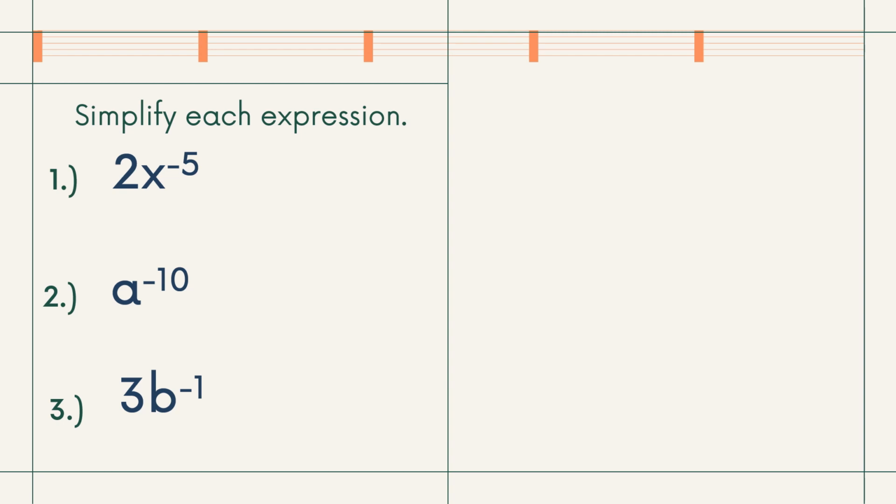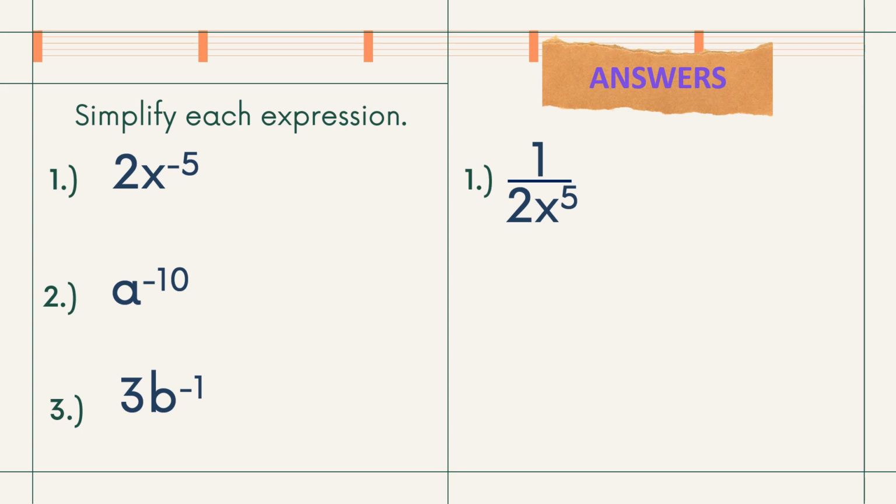Alright, the correct answer is equal to 1 over 2x to the 5th power. How about number 2? What is your answer? Very good. The answer is equal to 1 over a to the 10th power. How about number 3? Yes, you are right. The answer is equal to 1 over 3b.